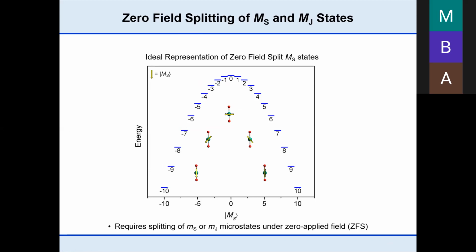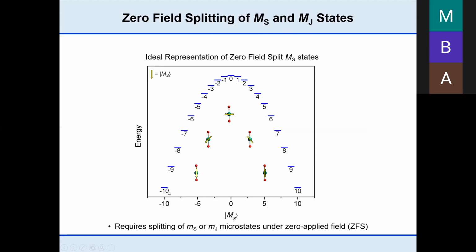If you'll remember back to the Zeeman splitting diagram that I showed earlier, the m sub s states of that S equals 1 ground state were degenerate under zero field, meaning that there's no preferred orientation of the paramagnet under zero field. However, in single molecule magnets, this isn't the case. We have what's known as zero field splitting, where the m sub s or m sub j states are split such that we get a preferred orientation even under zero field.